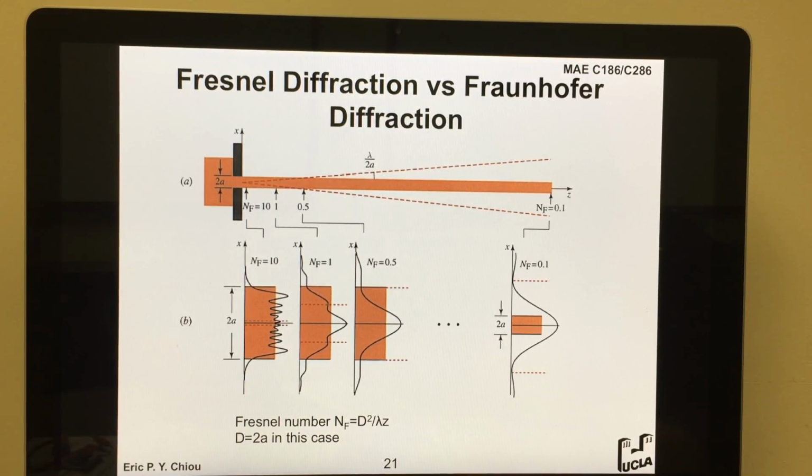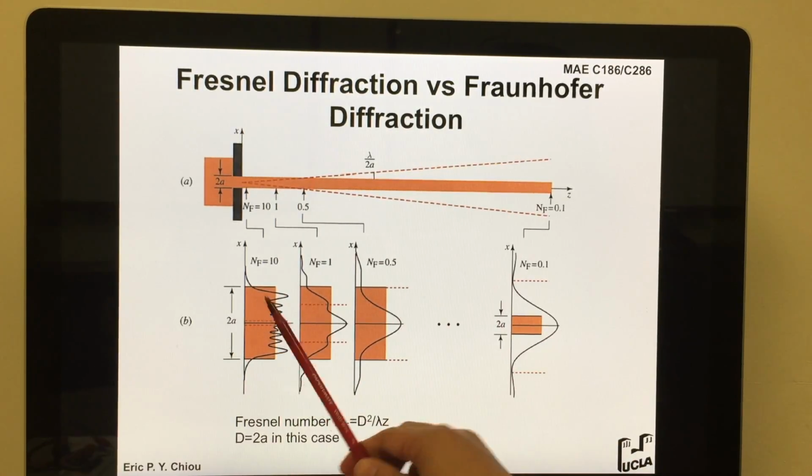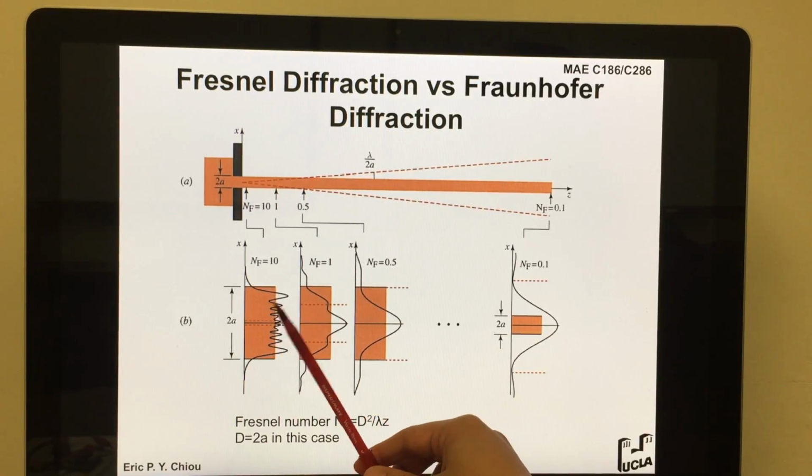Now there's another way to explain this kind of pattern change behavior, which we're going to cover soon, but I just want to point it out here.